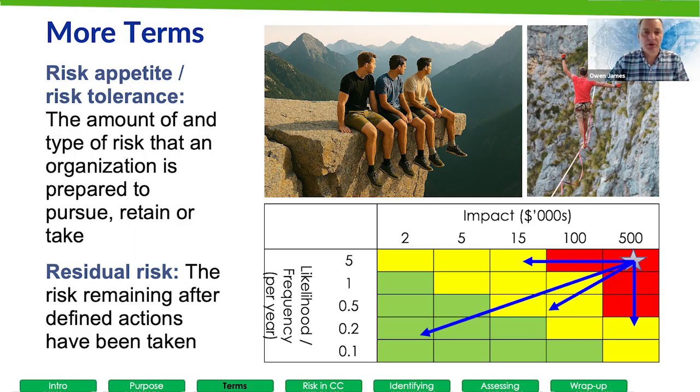Residual risk, I want to throw that term in, recognizes that when we take action to mitigate risk, we can rarely get rid of it. We can rarely eliminate that risk. So we're only reducing it. And also, if we recognize that we're only reducing risks, maybe down to an acceptable level, then we may be able to save some dollars and reduce risk a little bit more cost effectively.